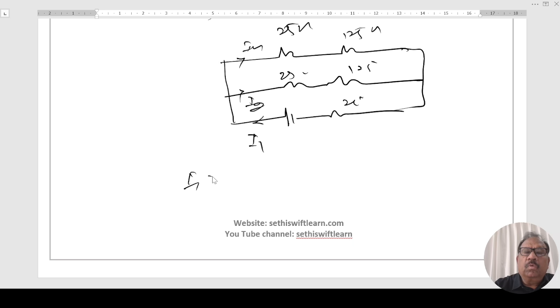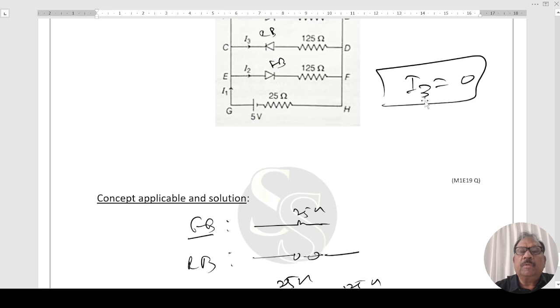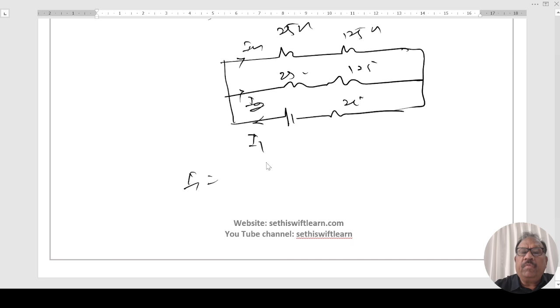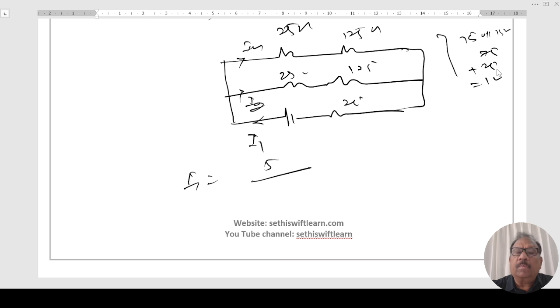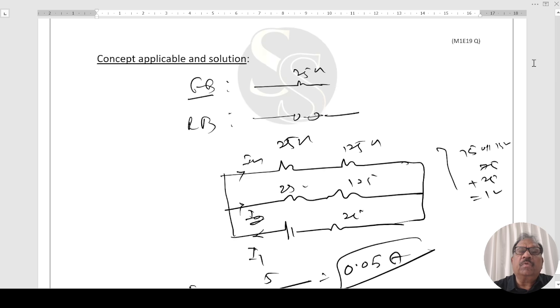So I1 will be equal to applied EMF. This applied EMF is 5 volt. 5 divided by the equivalent resistance. Equivalent resistance will be 150 parallel 150, 75 plus 25. This comes out to be 100 ohm. So this comes out to 0.05 ampere. I1 will be equal to 0.05 ampere.